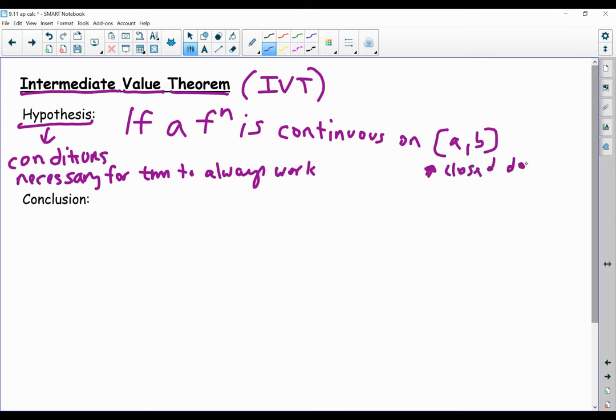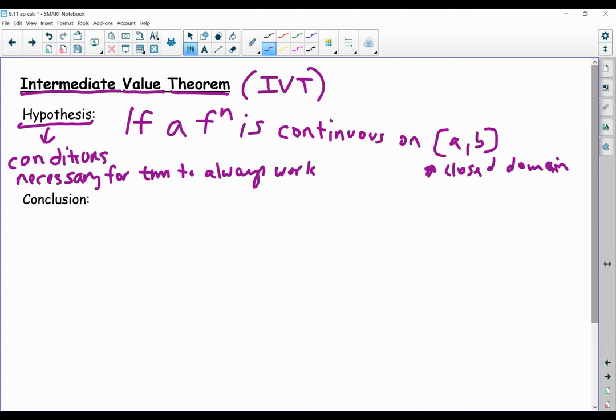Now you're like, okay, that's cool, but what are we going to be able to conclude or guarantee about the function if this condition holds true? So here's what the intermediate value theorem says. Now, the way the book writes it is really confusing, but I want to write it that way, and then I'm going to try to explain it to you in like plain English so that you understand what the conclusion is.